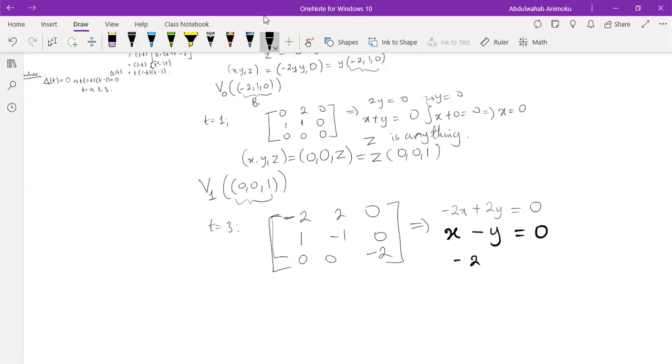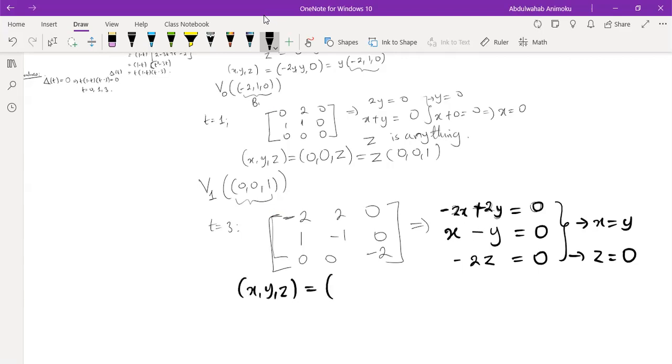And finally, we have minus 2z equal to 0. Basically, the first and the second equation are the same. If you divide the first equation by minus 2, you would get the second one. So z must be equal to 0, and x must be equal to y. In fact, that's all we need to get the solution set.